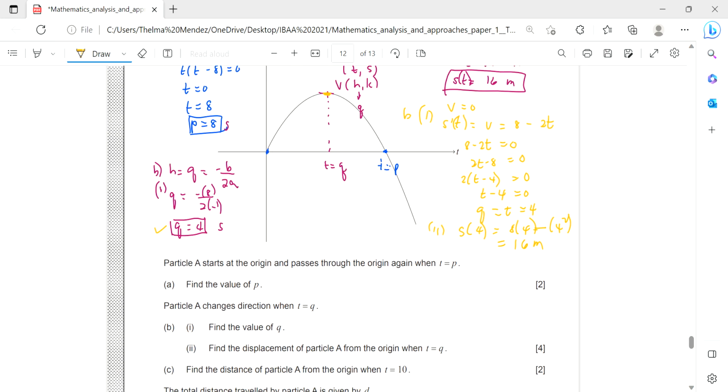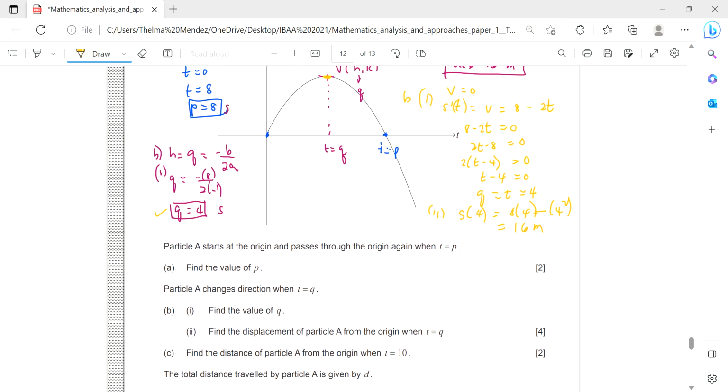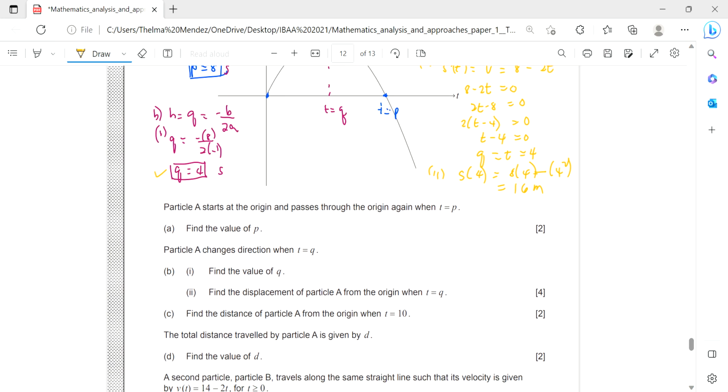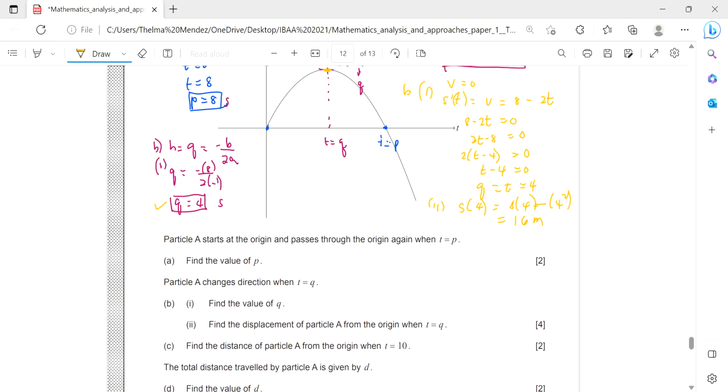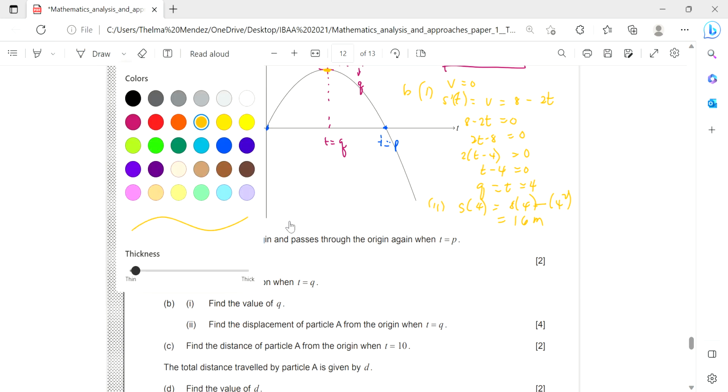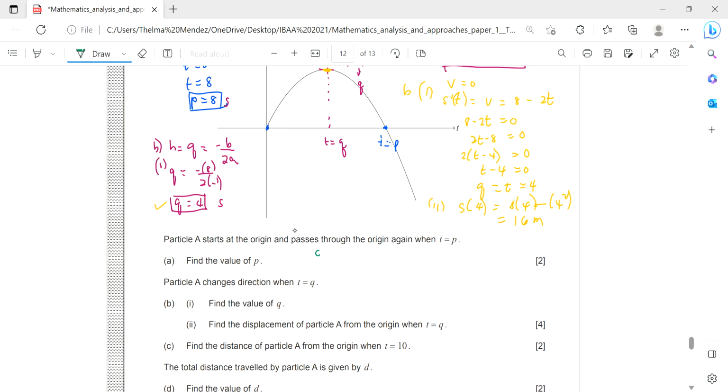Now let's solve letter C. Find the distance of particle from the origin when t equals 10. Okay, for letter C, s of 0 equals 0, right? But s of 10, there's no need for us to include s of 0. So let's just solve for s of 10.